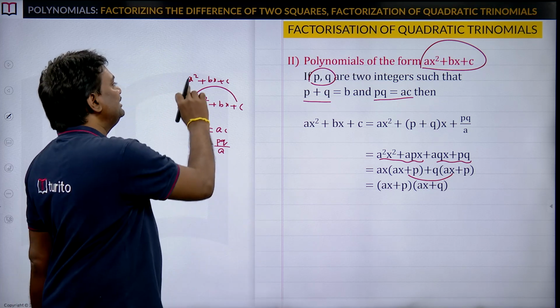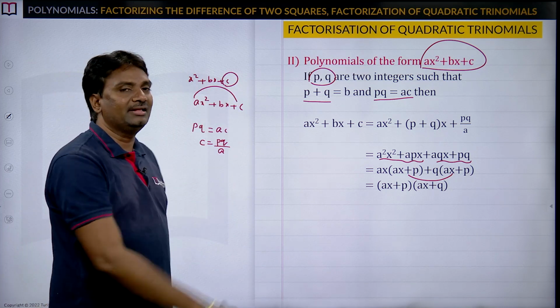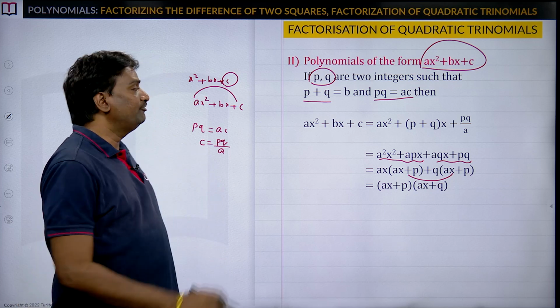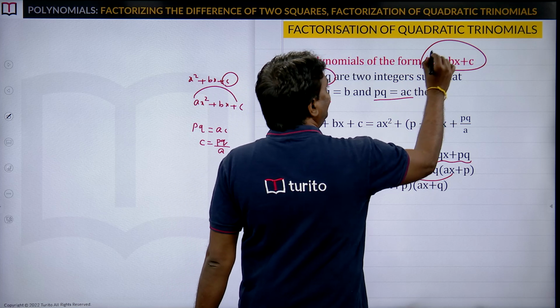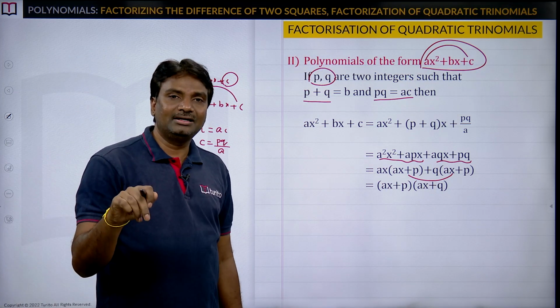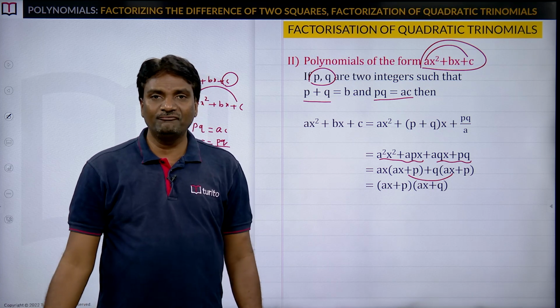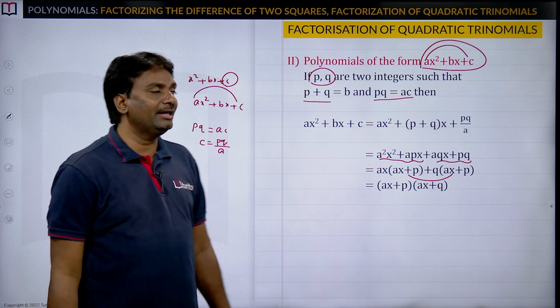If the expression is in the form of x square plus bx plus c, directly take the factors of c. If the given expression is of the form ax square plus bx plus c, multiply a and c, a into c. After getting that, you can take the factors. By adding those two factors, you must get the middle term bx.